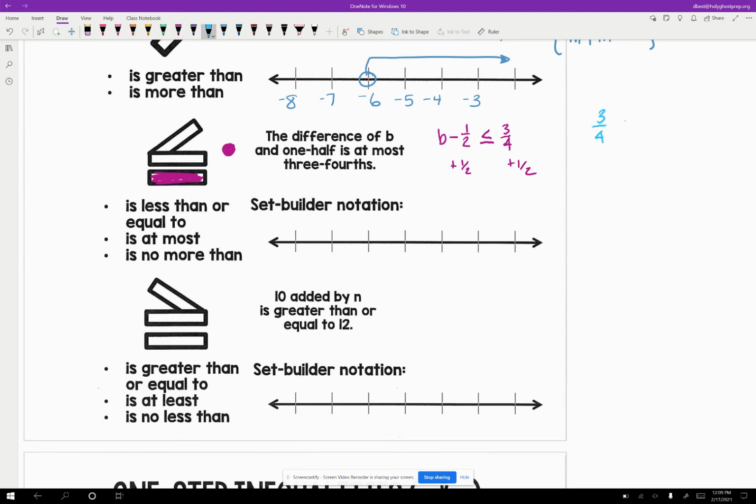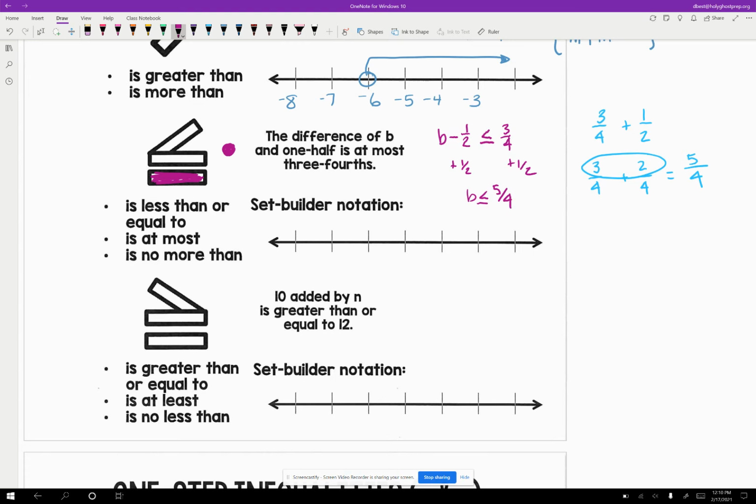If we're doing 3/4 plus 1/2, remember we need a common denominator, so 3/4 plus 2/4. Add straight across the numerators. Your denominator stays the same. So my final answer for this one is going to be b is less than or equal to 5/4.